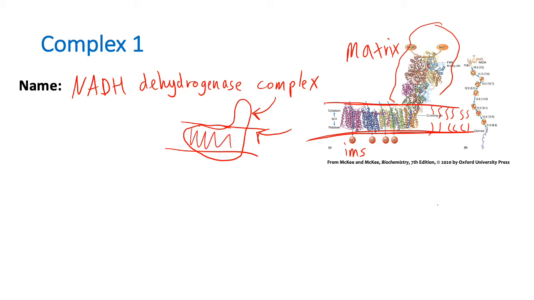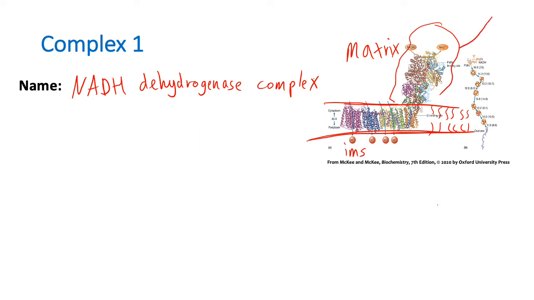Now in this complex, what we're going to learn is that this side of the L that associates with the matrix is going to be important for NADH binding. It's going to be involved in FMN binding. It's also going to be involved in the UQ or Q binding site.